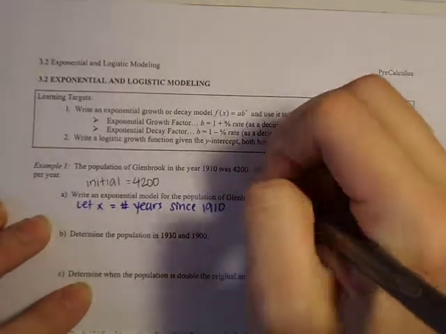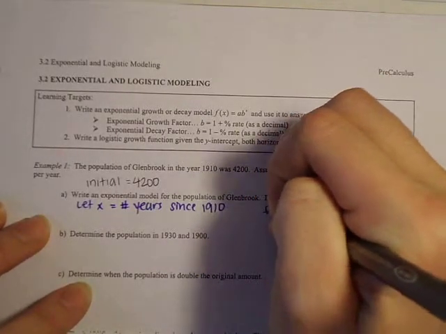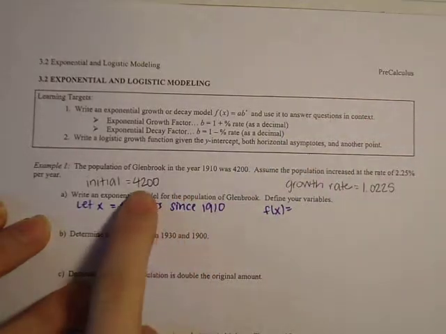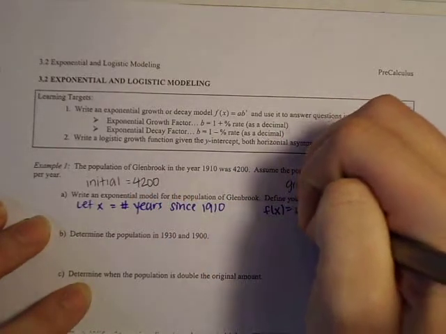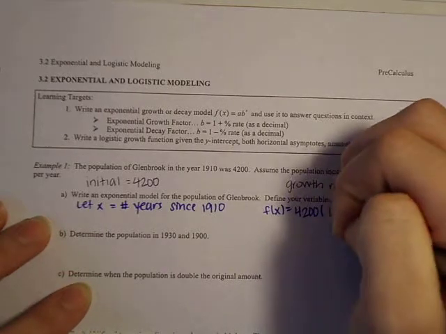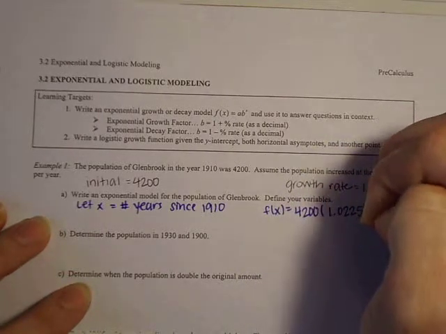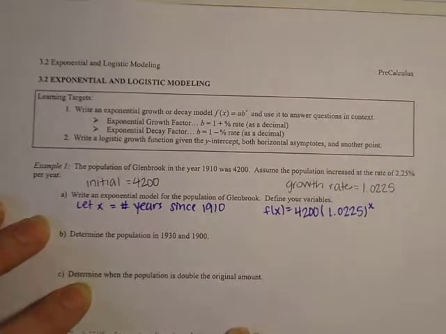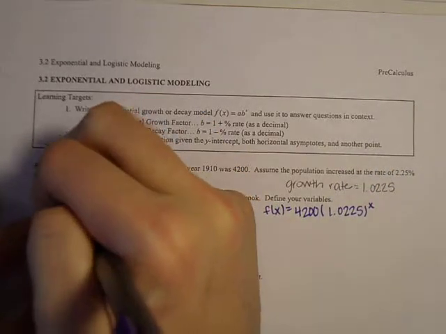So we'll have f of x equals our initial population of 4,200 times our b, which is our growth rate, 1.0225, raised to the x. Here, f of x will be our population.